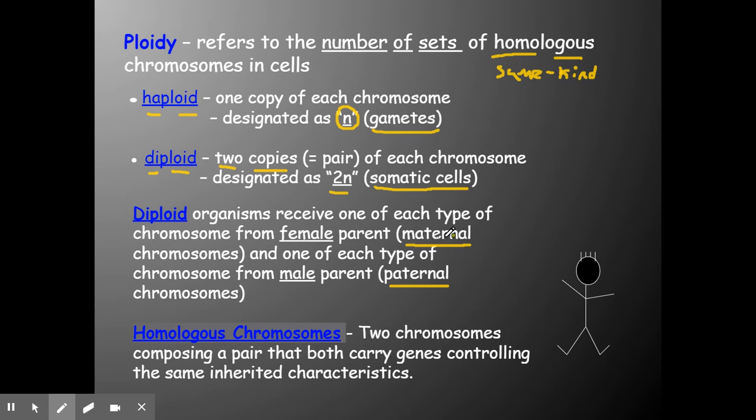To remember that, matriarch refers to a female in charge. A patriarch refers to a male in charge, or a male figure. So maternal, think of maternity clothes. Maternity clothes are only for women, for moms.